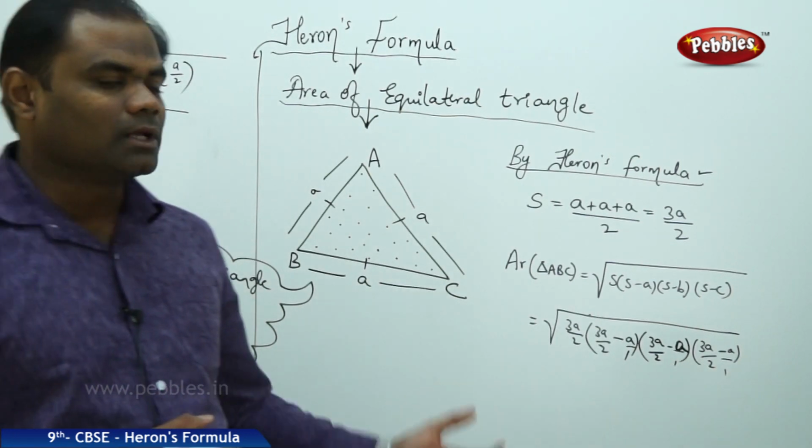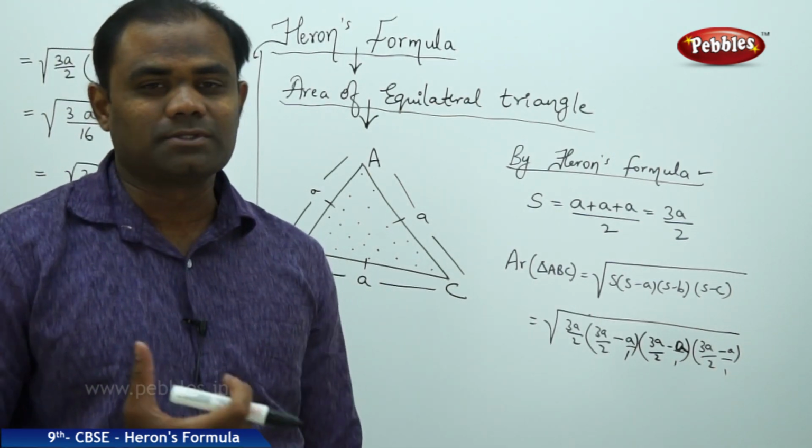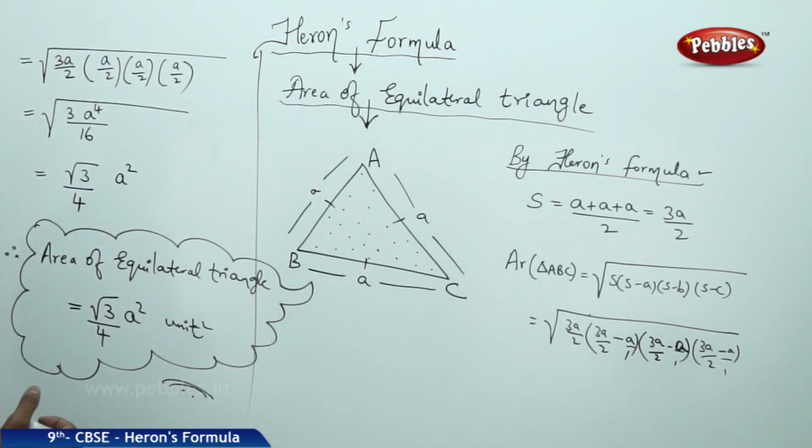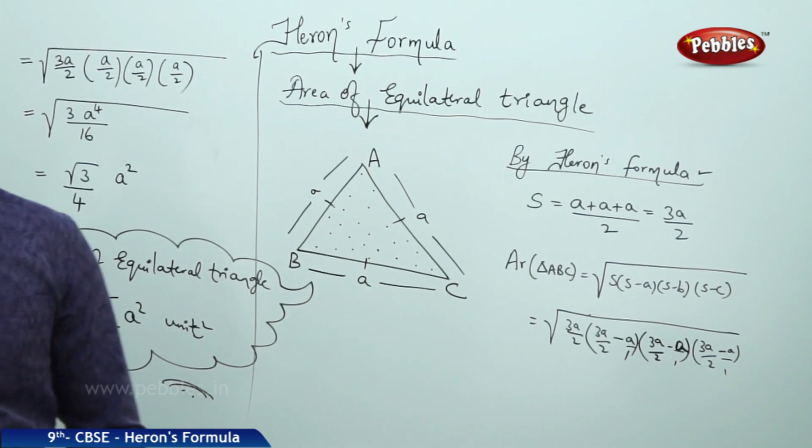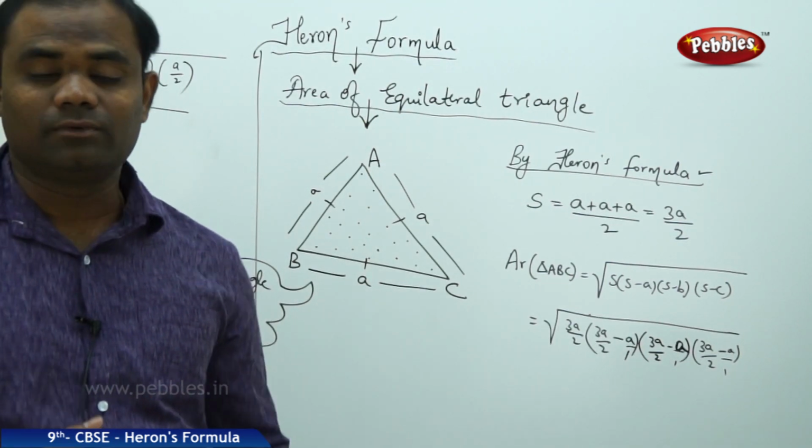From Heron's formula, equilateral triangle reduces to its area with a special formula root 3 by 4 A square, where A is the side of the triangle, equilateral triangle.